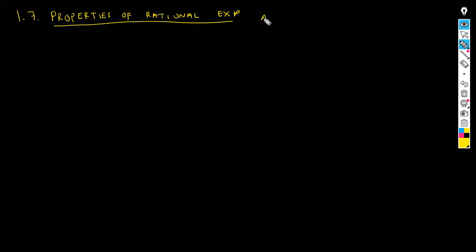And for the next class, we're going to have properties of logarithms. Okay, all of this is topic 1.7. This is for one class, this is for the next. Okay, so let's get into the properties of rational exponents.